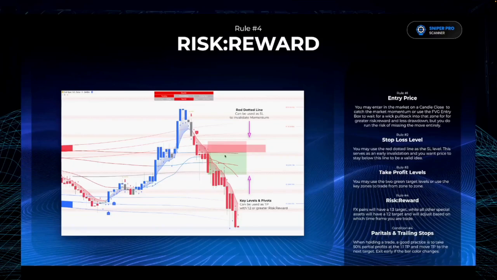Now, it's very important to understand that this entry box also counts as a momentum box, meaning that if you get a scorecard and this prints the box, even though the stop loss is beyond the box, most of the time, if the price breaks out of the box in the opposite direction, it's going to be an invalid trade.